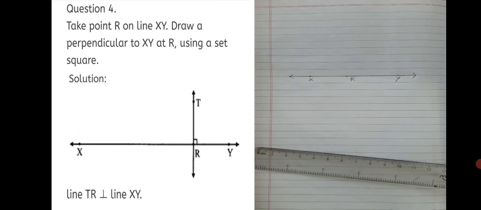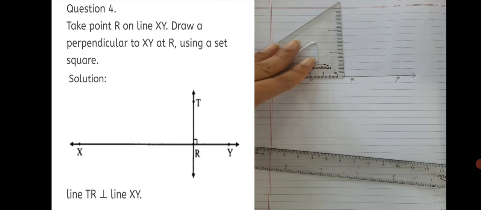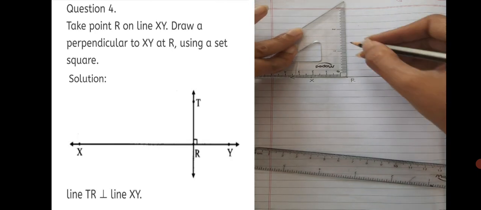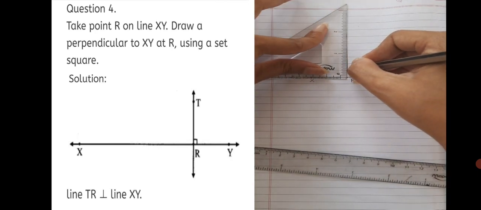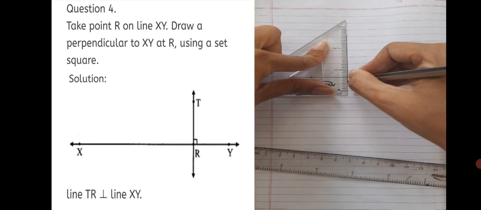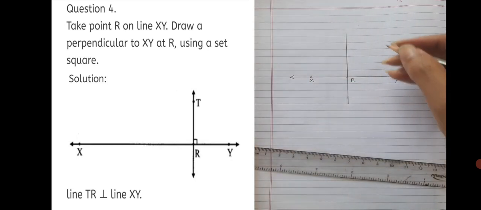And now we will use a set square and place its vertex exactly at R, the right angle. The right angle of the set square, the vertex, we place it on point R, and then we draw a straight line. You can slide the set square downwards to extend the line if you wish, or you can stop at point R itself.